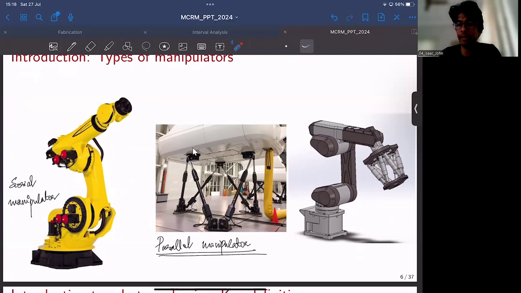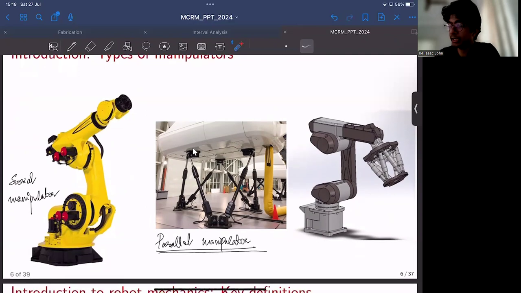So that inherently makes the manipulator much more accurate, as well as much more capable for heavy-duty, high-payload manipulations. And another thing is that the workspace, or the maximum volume of space that the arm can reach, is inherently higher for a serial manipulator.